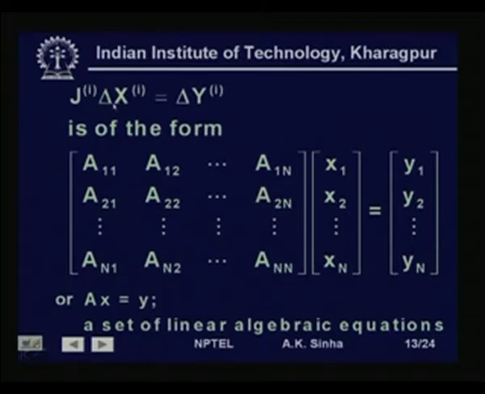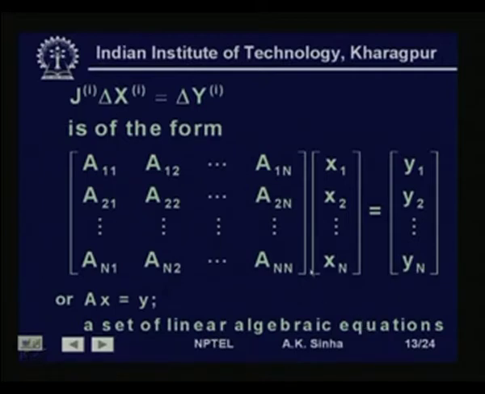Delta x here is the x values, is equal to y, these are the delta y values. So, at each iteration, what we need to do is solve a set of equations A x is equal to y. These are a set of linear algebraic equations.